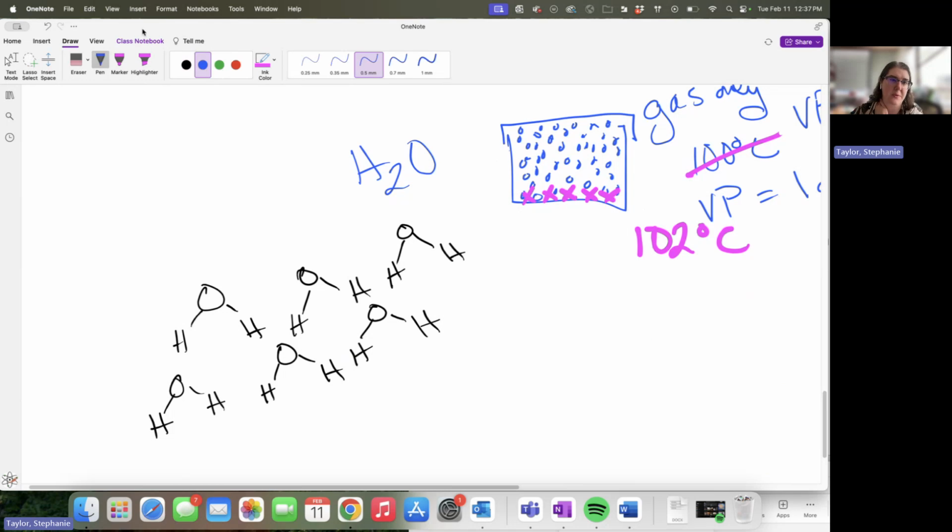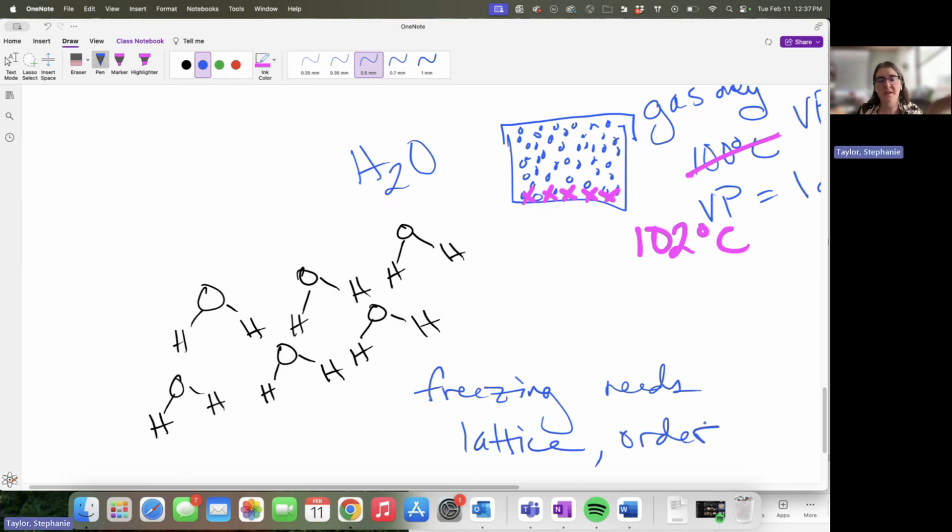So for something to freeze, basically freezing needs a lattice or order or neatness.